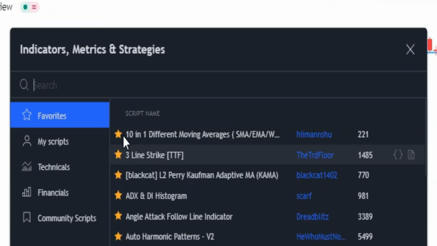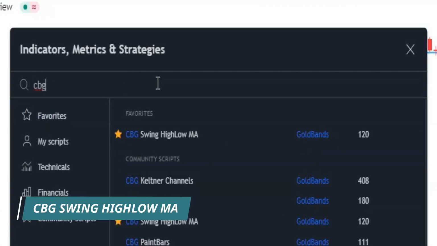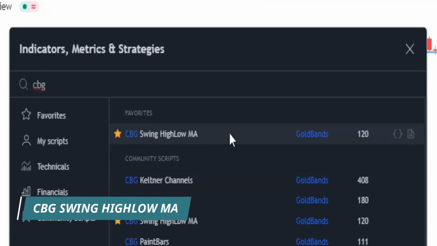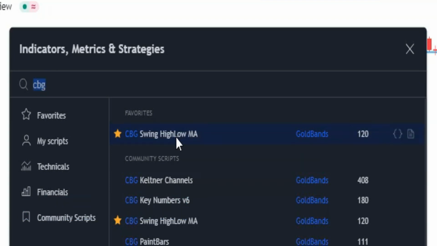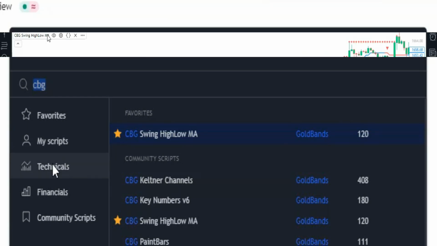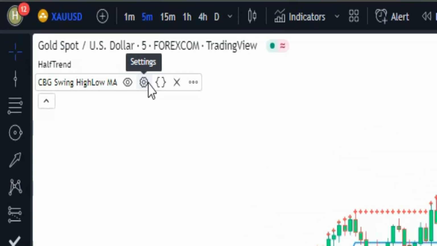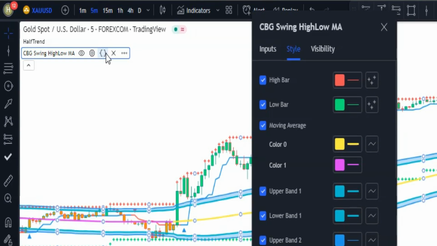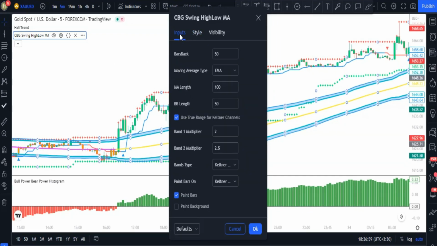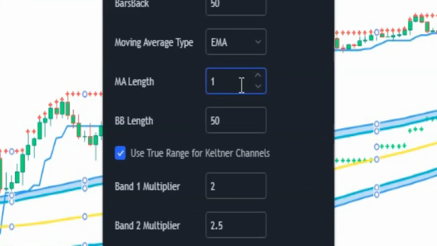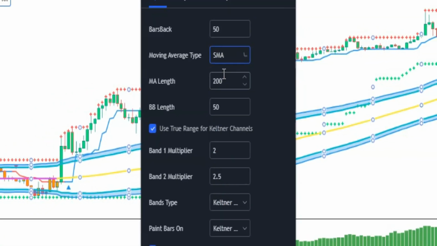And lastly, let's install the third indicator, which is CBG Swing High Low. Pick this one by Gold Brands and add it to the chart. Now access its settings to make the adjustments. So in the inputs menu, change the MA length to 200 and the moving average type to SMA.